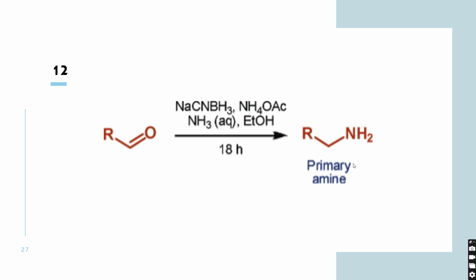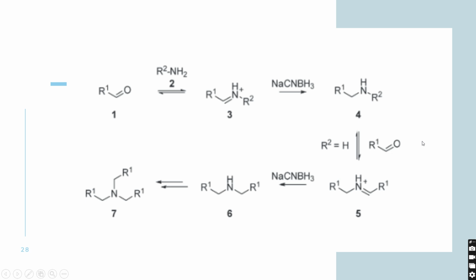So what happens, this reaction condition is extensively used for the synthesis of primary amines. And this condition is involving reduction using sodium cyanoborohydride. Let us look at the reaction mechanism so that you can understand how you can get the product to be a primary amine.